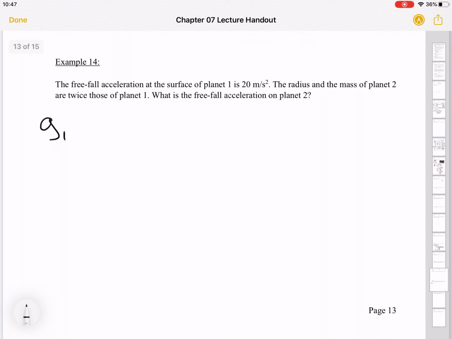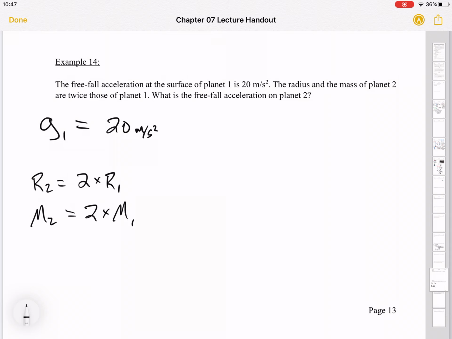So g1 is 20 meters per second squared. I do not know the planet's mass or the planet's radius. Right? But I do know that planet 2 has twice the radius, so I can say R2 is twice R1, and mass 2 is twice mass 1. The question is, what is g2?